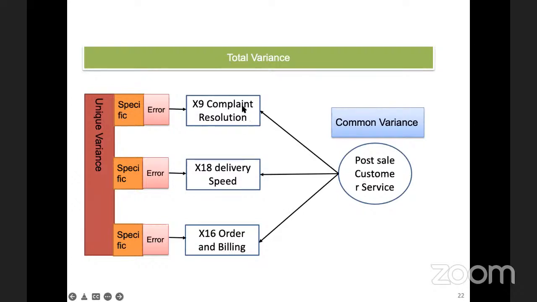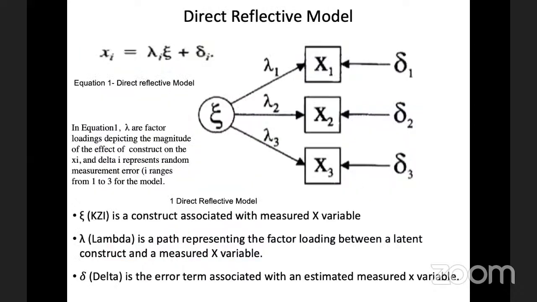However, this complaint resolution also has some variance which is not explained, like variance specific to the complaint, who has made the complaint, and what was the reason for the complaint, and there can be some specific error and some random error. So this error is not segregated when we are talking about post sale customer service. This is briefly about this.